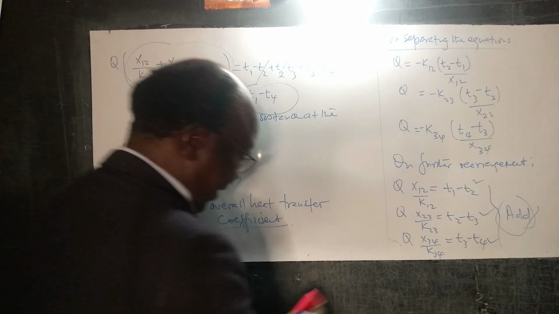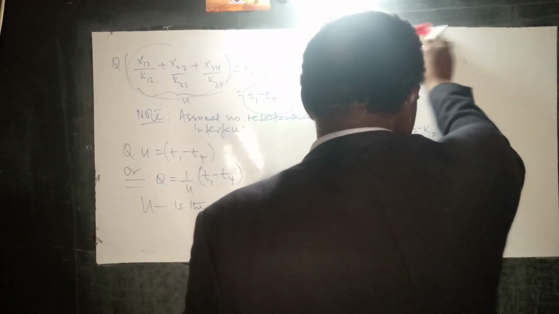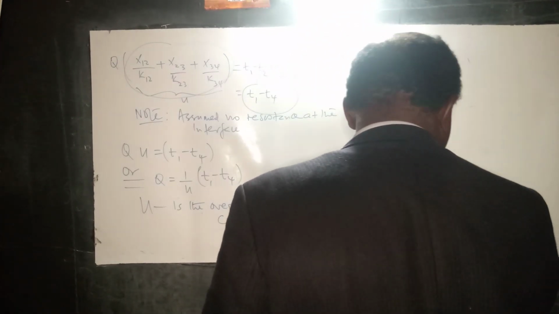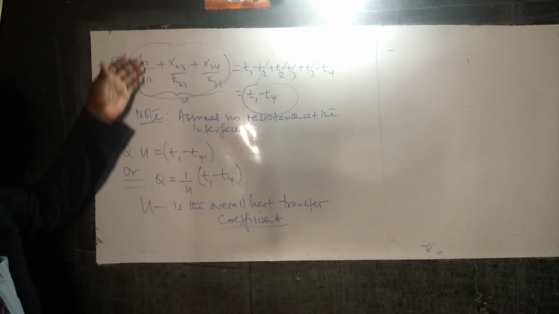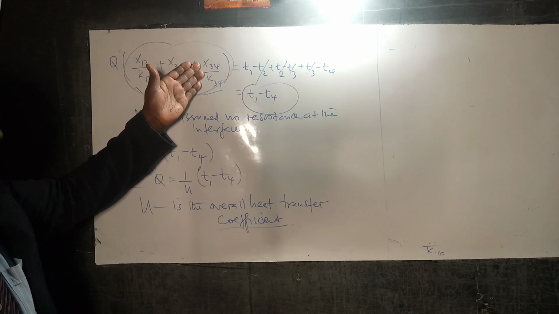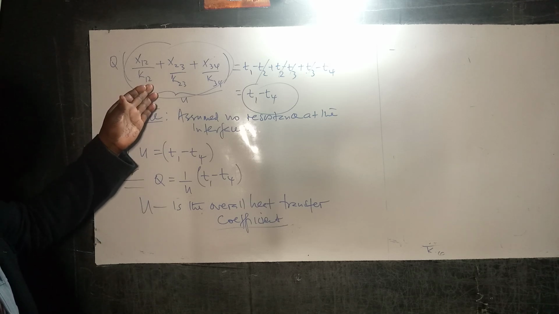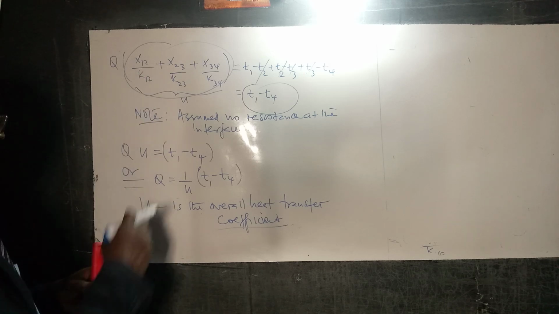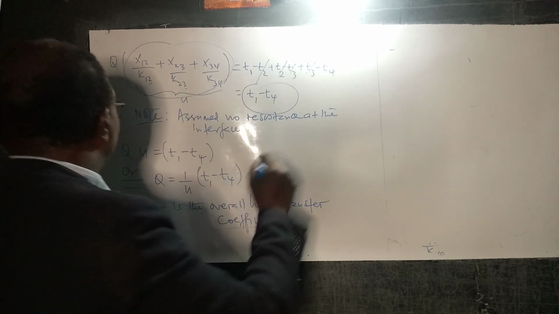We can simplify that U by realizing that if you look at U, we have X12 over K12, that's the length and the coefficients, X23 over K23, X34 over K34.